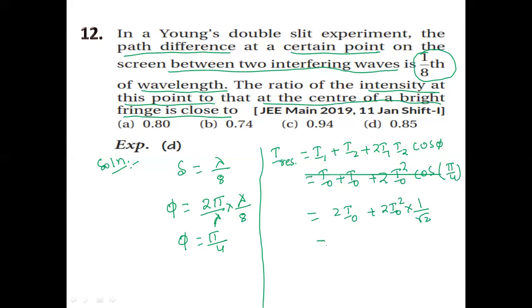Right? So it will be 2 I naught plus root 2 I naught square.